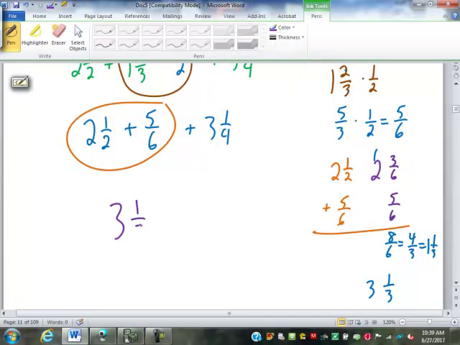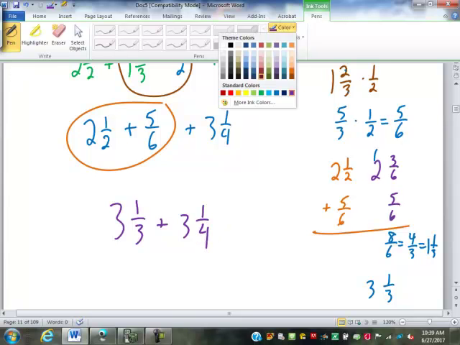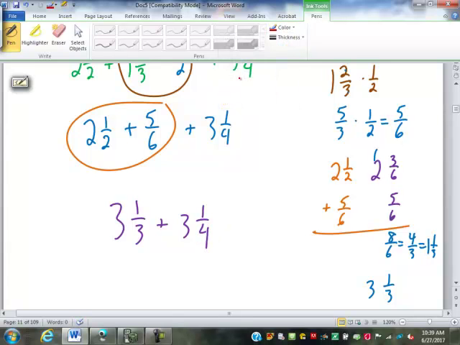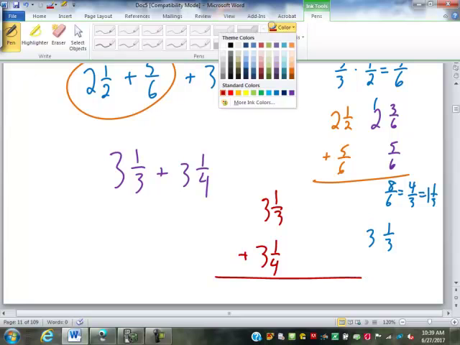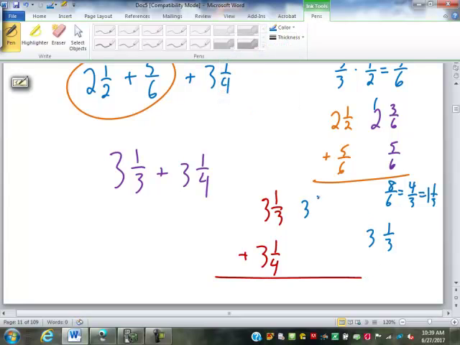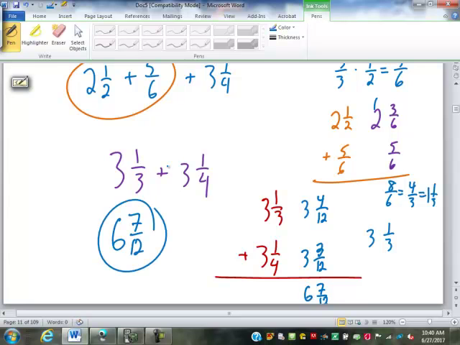So this is 3 1/3 plus 3 1/4. So that is going to be 3 4/12 plus 3 3/12, which is 7/12 and 6. So 6 7/12.